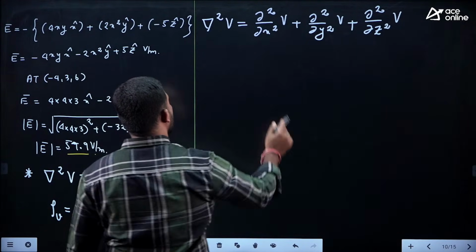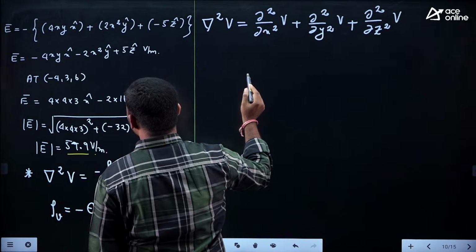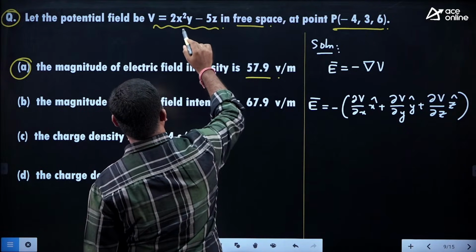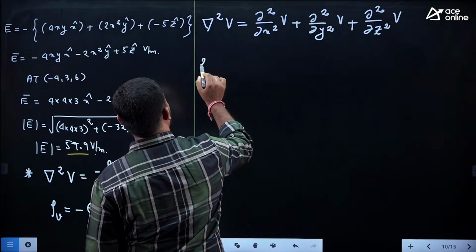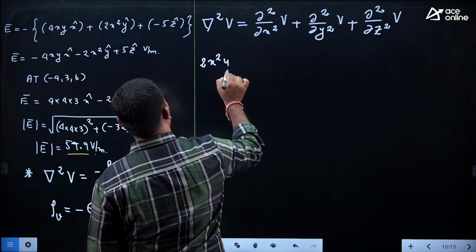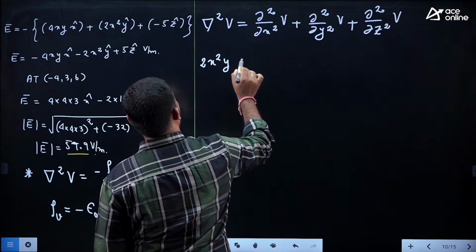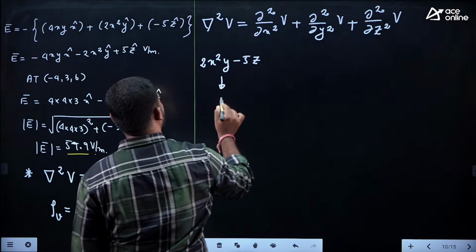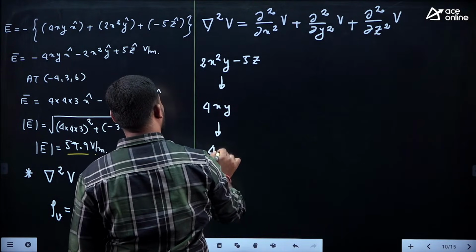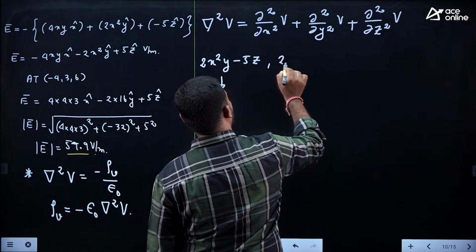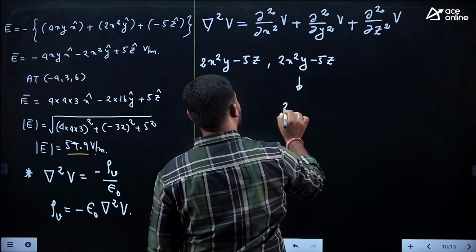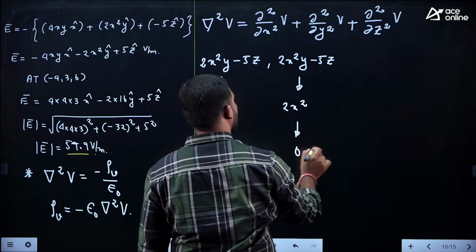Now here it is a second order differentiation, fine, so let us do it directly. V is 2x square y minus 5z. First differentiation with respect to x is 4xy; one more time, it is 4y. With respect to y, first differentiation is 2x square; one more time is 0.